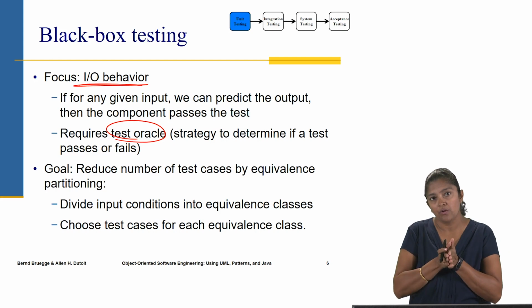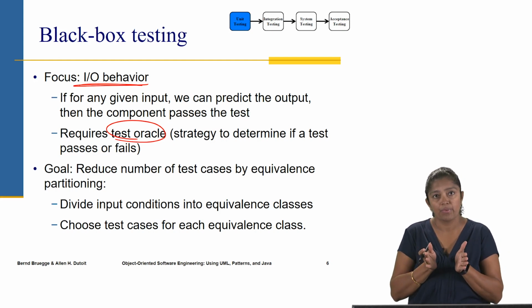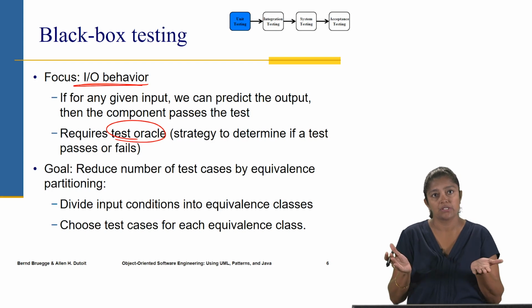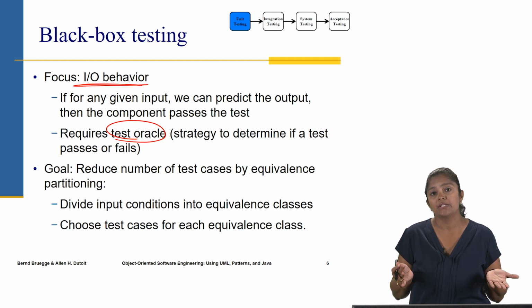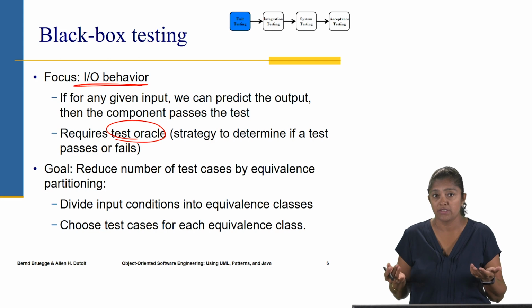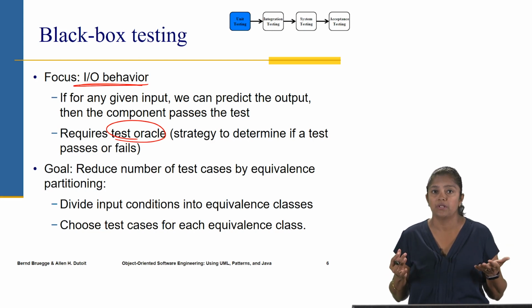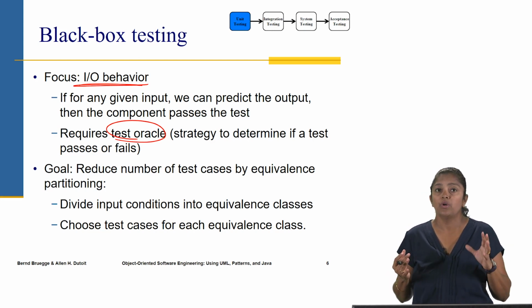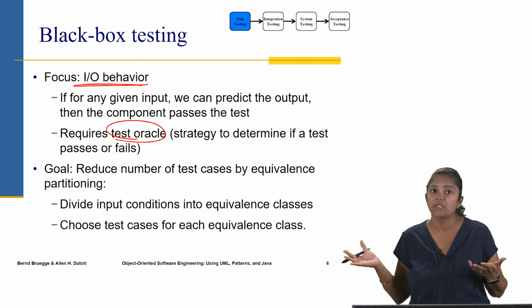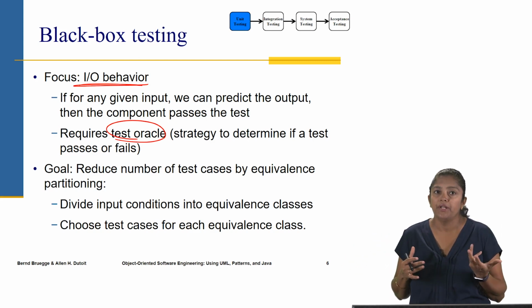So our goal with black box testing is that we want to be as thorough as possible, and test this unit as thoroughly as possible. But at the same time, testing takes time. So we want to reduce the number of test cases. We want to be effective with our testing and test all possible cases, but at the same time, reduce them.